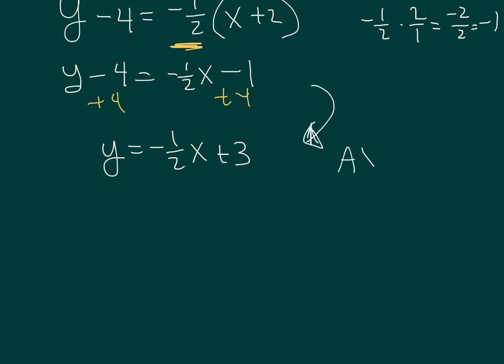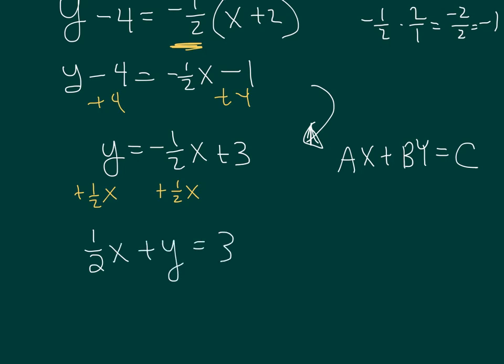Now, I'm going to again rewrite ax plus by equals c, the form that I would like it to be in. And my first step is going to be to add the term with x and move it over to the left side. So I'm going to have 1/2 x plus y equals 3. The only problem here is that a, b, and c all have to be whole numbers.